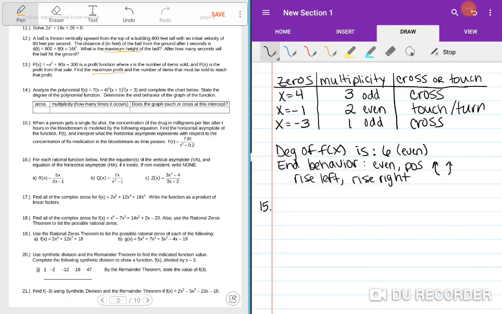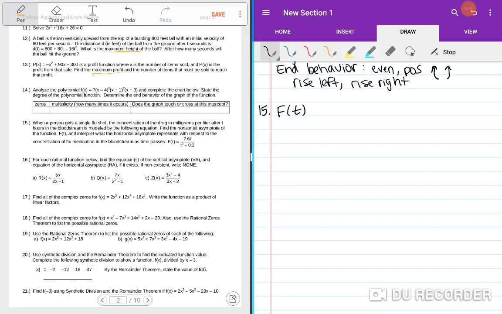Okay, so after reading all of that, I'm looking for a horizontal asymptote. So f of t equals 7.6t over t squared plus 0.2. To find the horizontal asymptote, we need to compare the degrees of the numerator and the denominator.